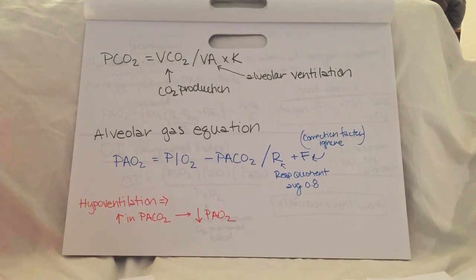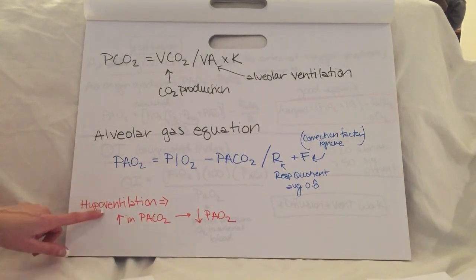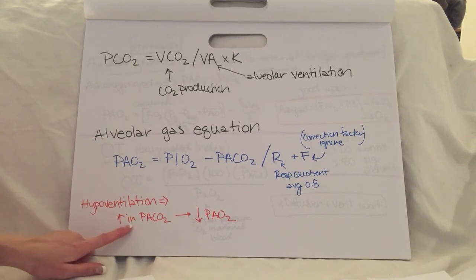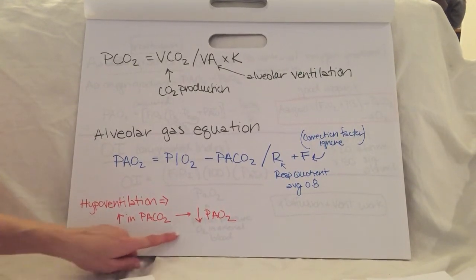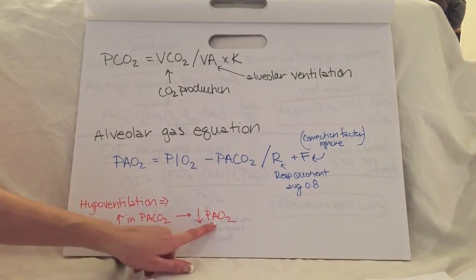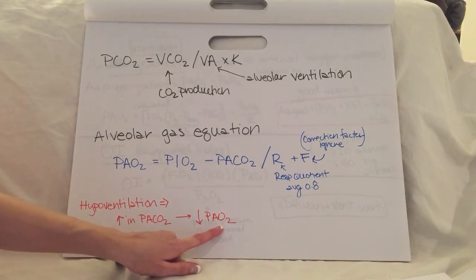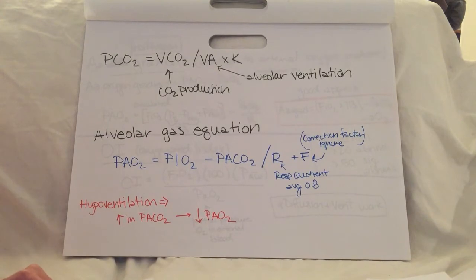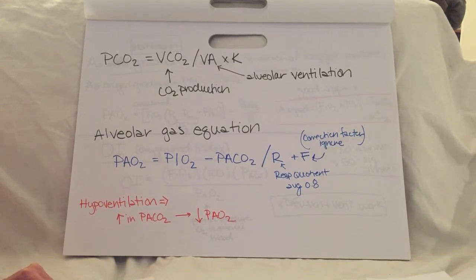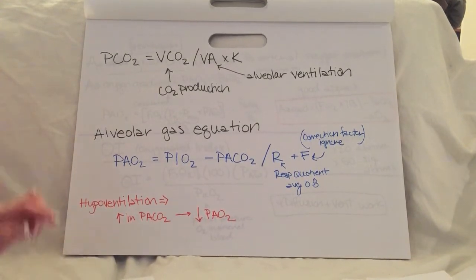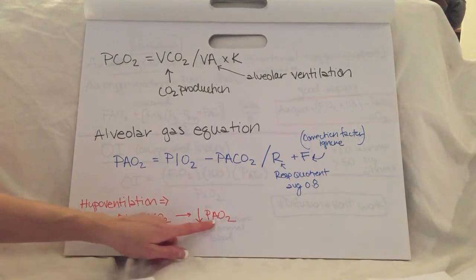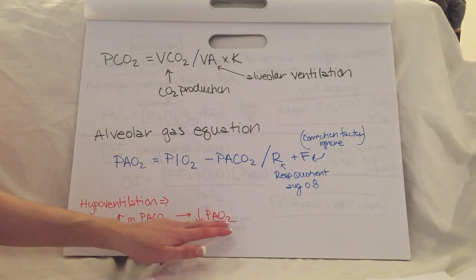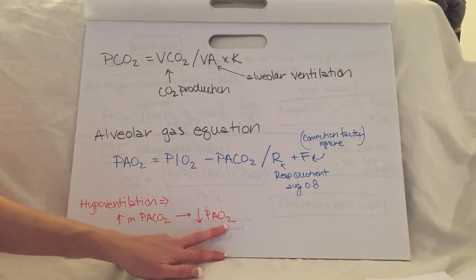So because of this, hypoventilation, or an increase in PCO2, is going to cause a decrease in our PaO2, unless we increase our inspired O2 to help increase the concentration to help balance this.